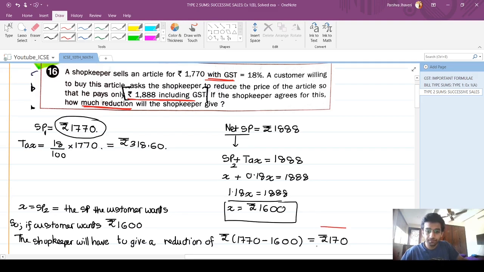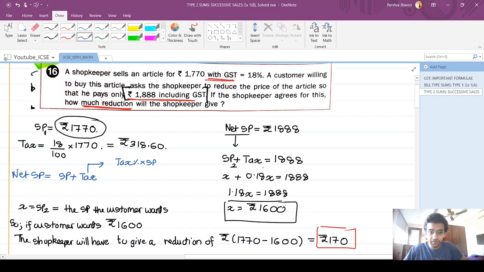So this is the reduction required. Very simple sum. All you had to do was play around with the net SP formula. Remember, I'll just note it down over here that net selling price or net SP is equal to SP plus tax, and tax is nothing but tax percent into SP, which is exactly what I have written over here.